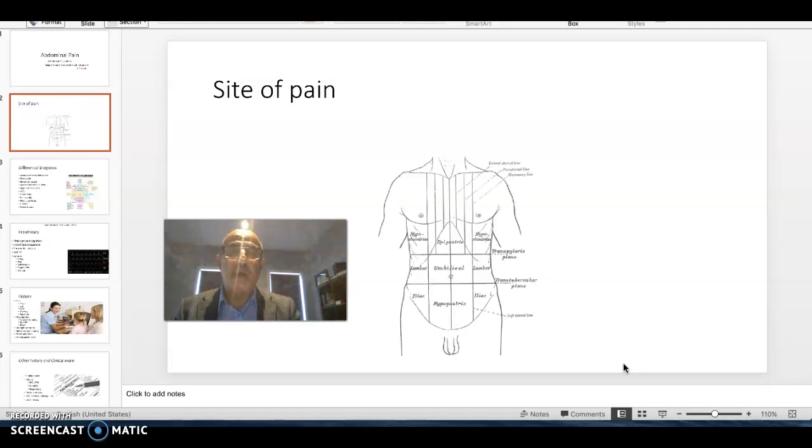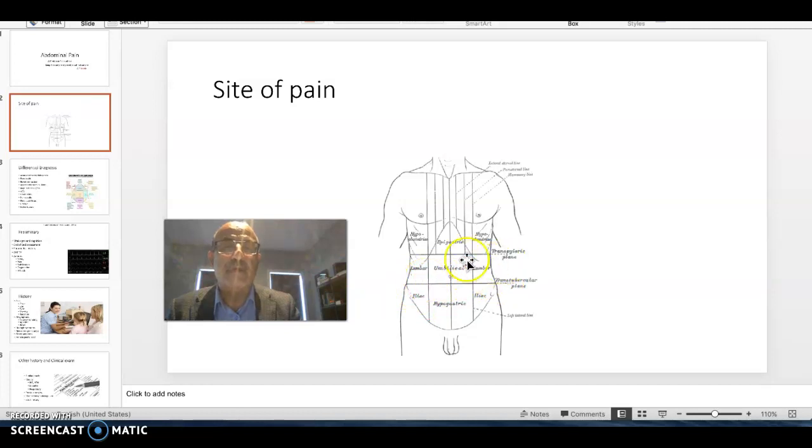The vertical lines pass from the mid-clavicular point right down to the mid-inguinal point, same on the other side. The horizontal lines are the transpyloric plane, which runs across the lower edge of the ribs, and the plane that runs from the right to the left anterior superior iliac spine.